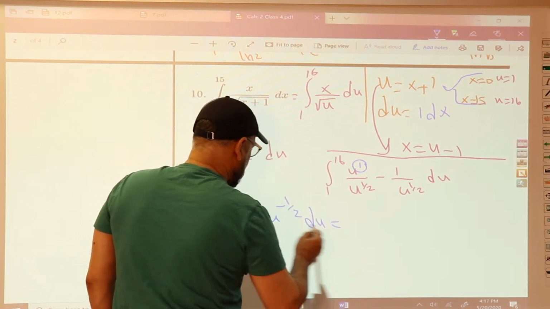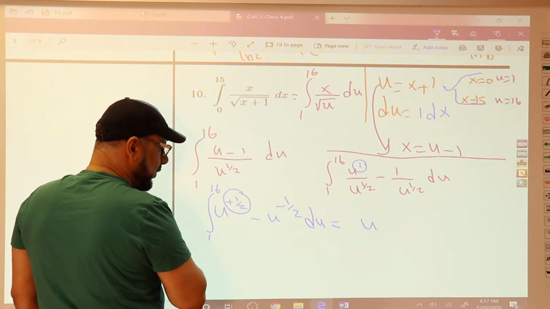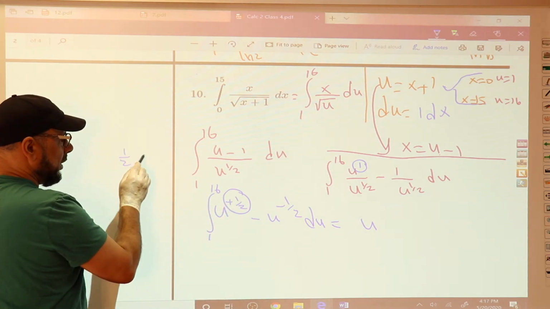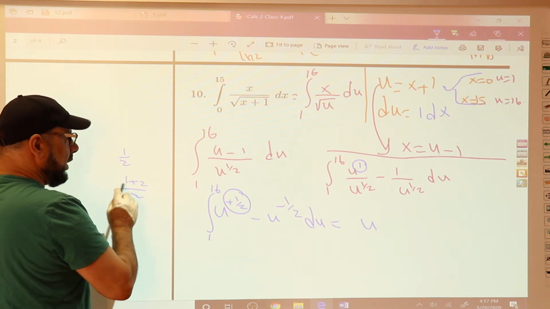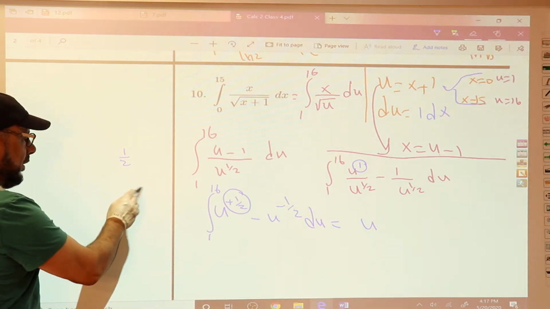Now it is easy to integrate. I showed you my method. I told you when we have a fraction, 1 over 2, you make it plus: 1 plus 2 over 2, which is 3 over 2.